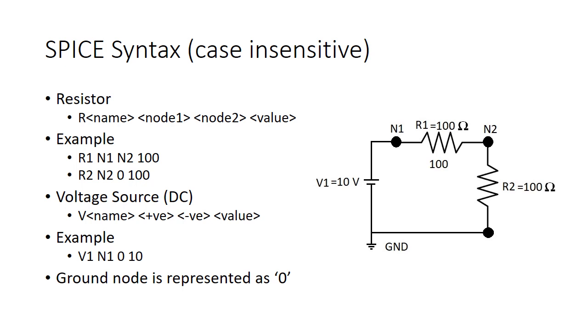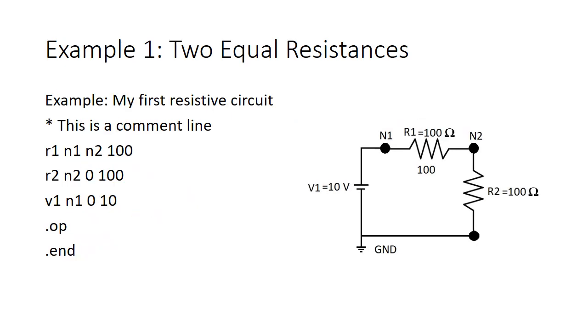So in this example it is V1 space N1 space 0 and then the value 10. Normally the ground node is represented as 0 in SPICE. So in our first example, the two resistors R1 and R2 are equal, 100 ohm. So this is how we write the netlist.